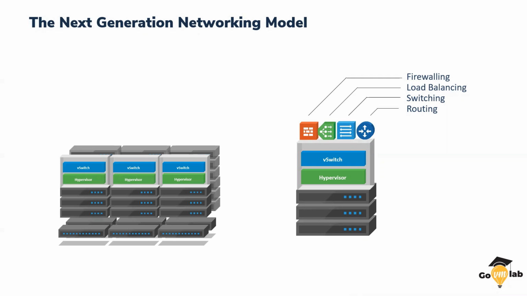That's not the case anymore. This distributed services model has changed the way we used to deal with networking. VMware NSX provides distributed firewall, distributed switching, and distributed routing. Because of this model, you get very high throughput and east-west traffic management capabilities.